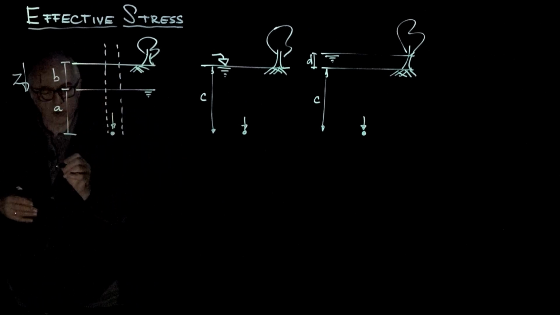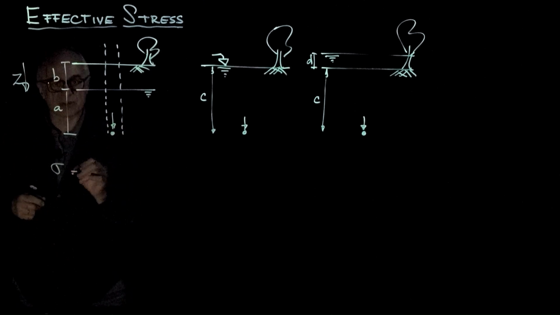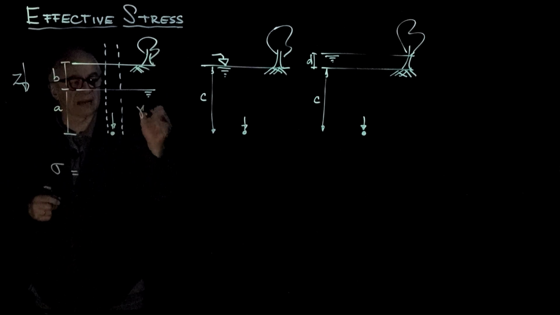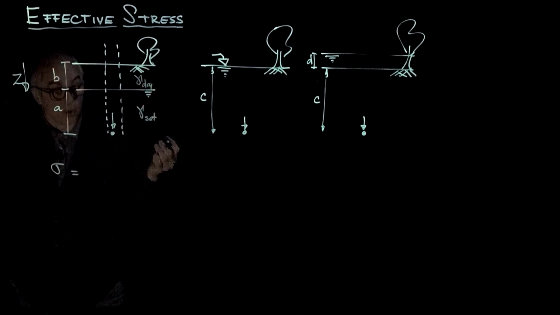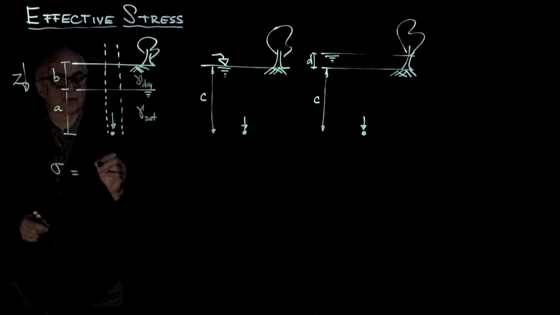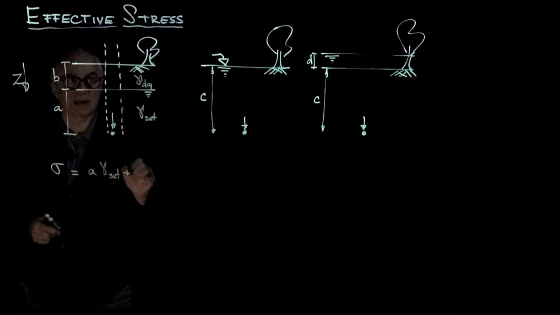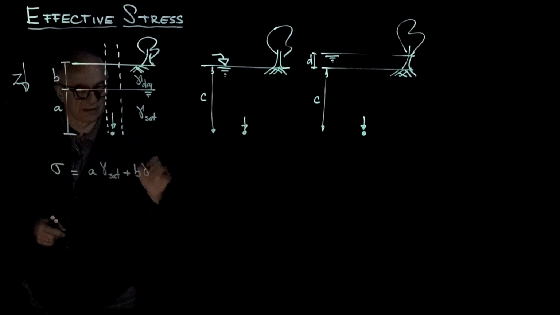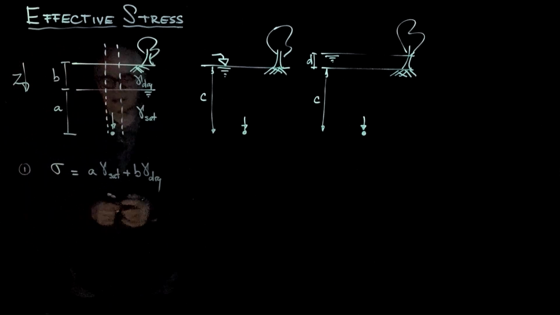So the total stress is the weight of everything above, which is going to be equal to, if this is gamma saturated and this is gamma, let's call it dry, it may be moist. So this is going to be A gamma saturated plus B gamma dry. So this is step number one, which is the weight of everything above the point.